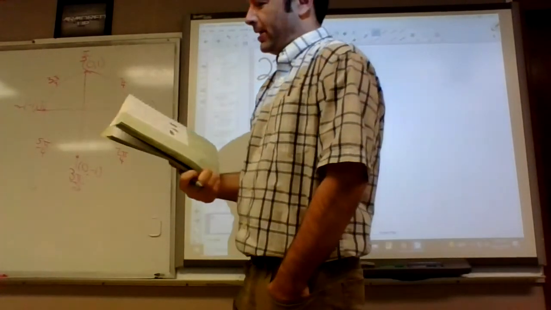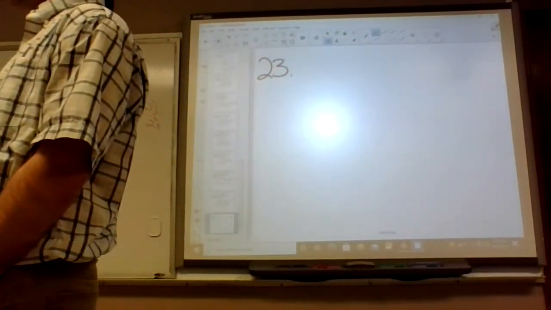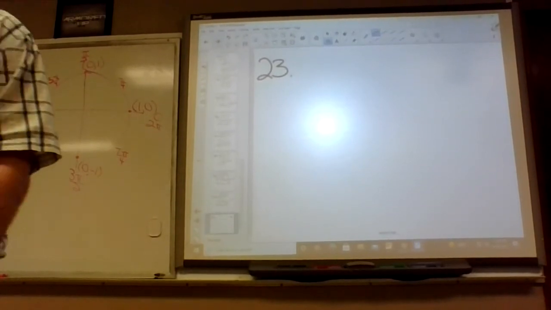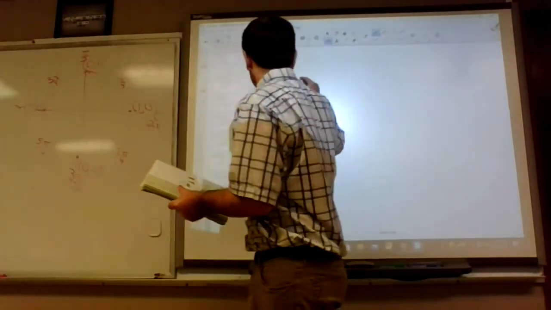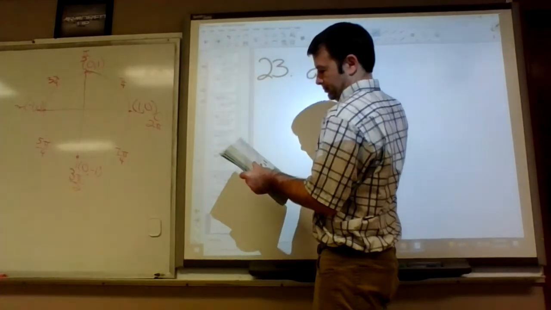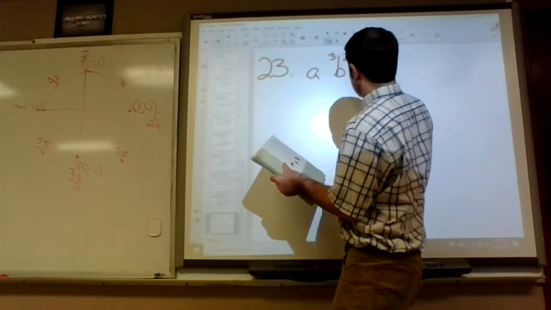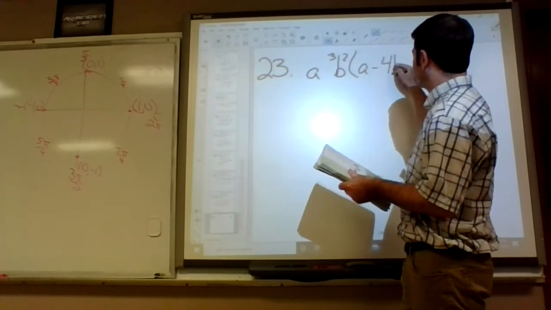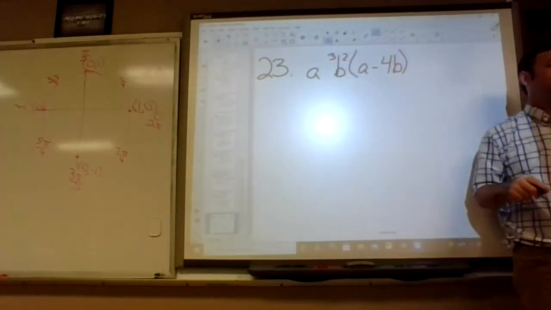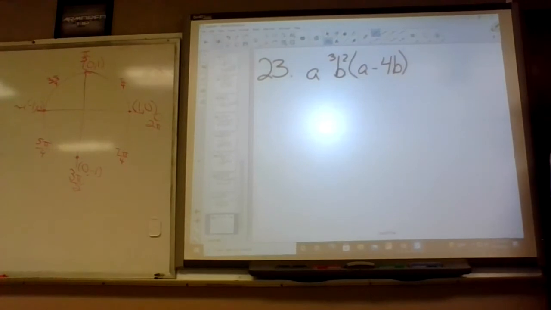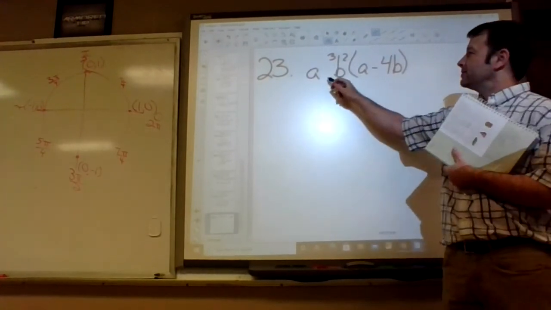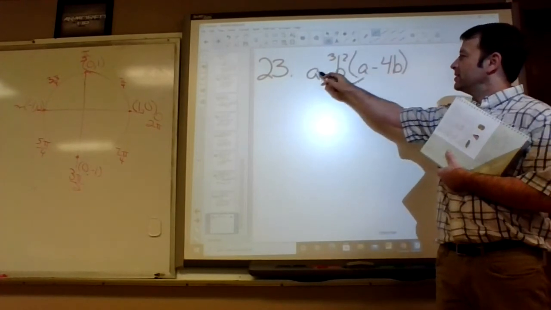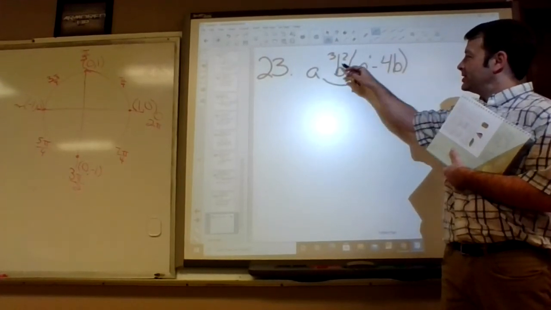Alright, so on 23, we're gonna use the distributive property. So this times this, what is that? A squared times A squared is A to the fourth, basically, right?